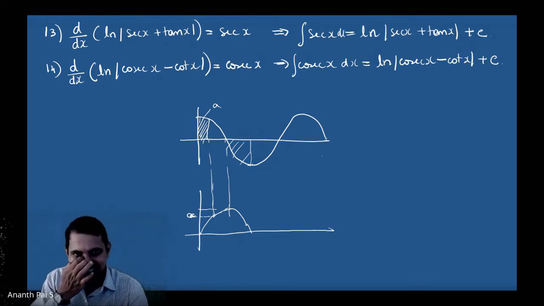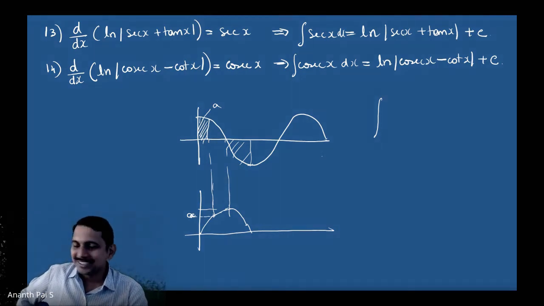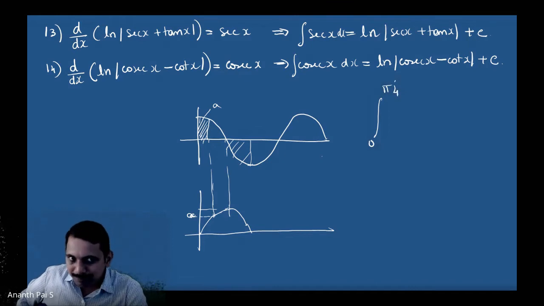Let us understand the integration. For example, the integral of cos x from 0 to pi by 4 is sin x, from 0 to pi by 4.